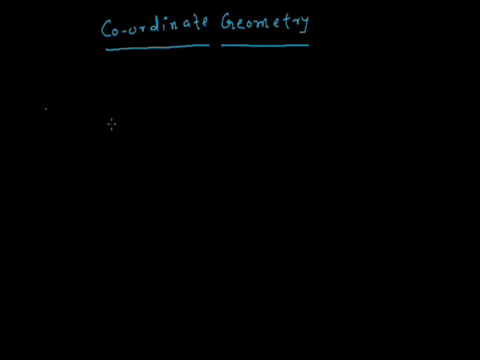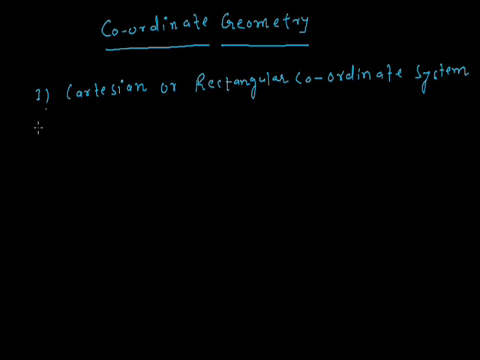Coordinate systems: first is the Cartesian or rectangular coordinate system, and second is the polar coordinate system.